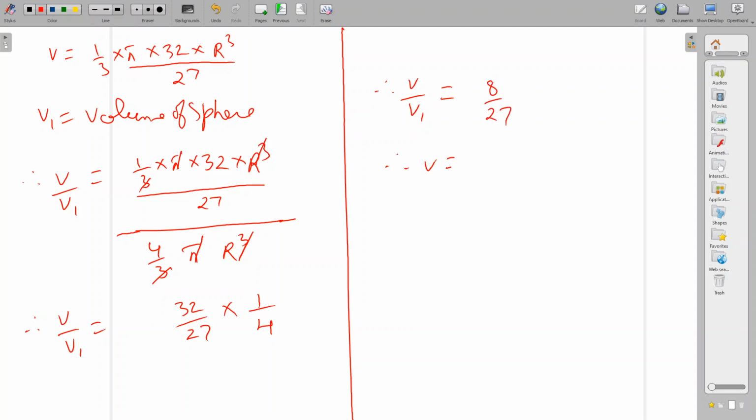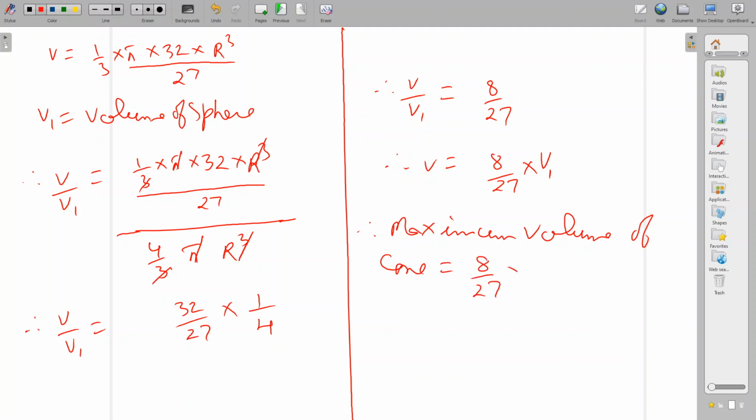Therefore V equals 8 by 27 into V1, that is, the maximum volume of the cone is equal to 8 by 27 the volume of the sphere. Therefore, maximum volume of cone equals 8 by 27 into volume of sphere. So this is our proof.